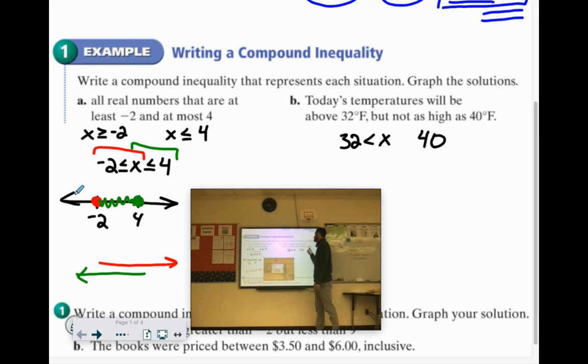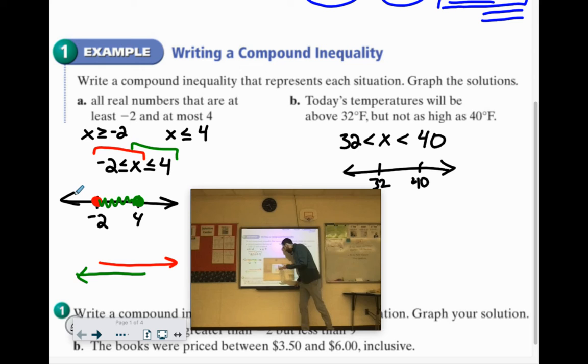But not as high as 40, so it's got to be less than 40, not including 40. These are both less than inequalities, so they would both be open dots because those numbers are not included in the solution. Between 32 and 40, you would just shade in the middle. That includes 33, it includes 39.842. All those numbers are included in the solutions.